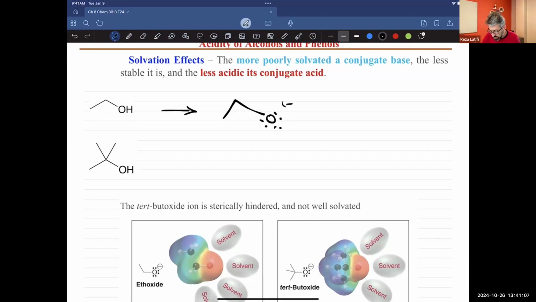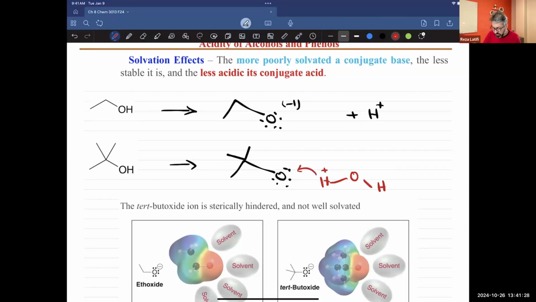I have a negative charge here, plus H plus, but this one has some substituents here, as you see. When one solvent molecule is trying to reach this through hydrogen bonding, it's going to feel those substituents. Well, with ethanol, we can easily reach it.